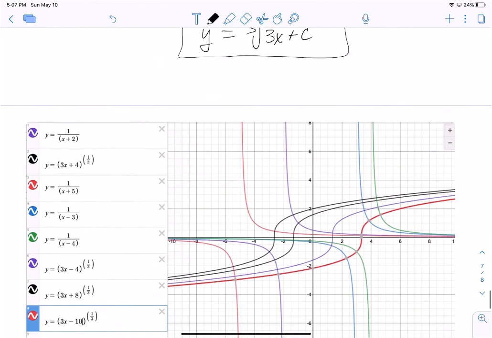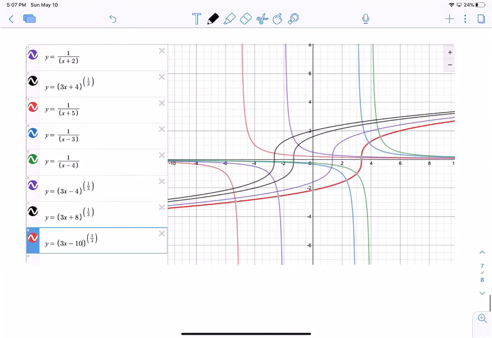And as before, for a visual of what we have done, we started out with curves that look like y equals 1 over x plus 2, y equals 1 over x plus 5, y equals 1 over x minus 3. And those are the hyperbolas that we see here. And then what we just found was y equals (3x plus k) to the 1/3.